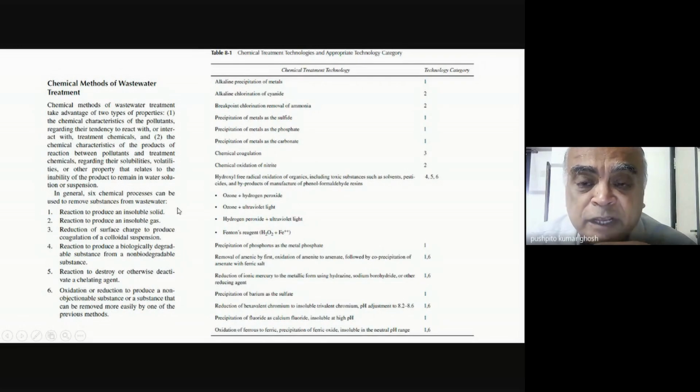It actually forms a gaseous substance. So it will come in 2. Chemical coagulation. Obviously, it will come in 3. So for all of them, you can actually classify, and you'll find that it will fall into one of these 6 categories. And remember, I'm talking about chemical methods of treatment. I'm not talking about biological methods of treatment.